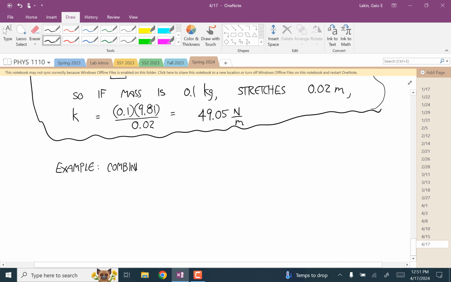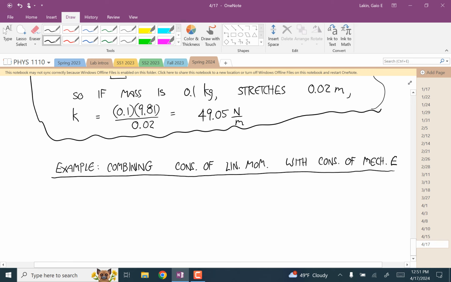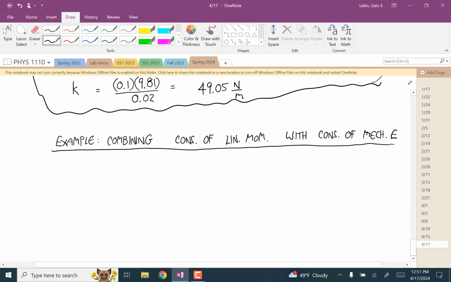So this is combining conservation of linear momentum with conservation of mechanical energy. So let's say that we have a spring.